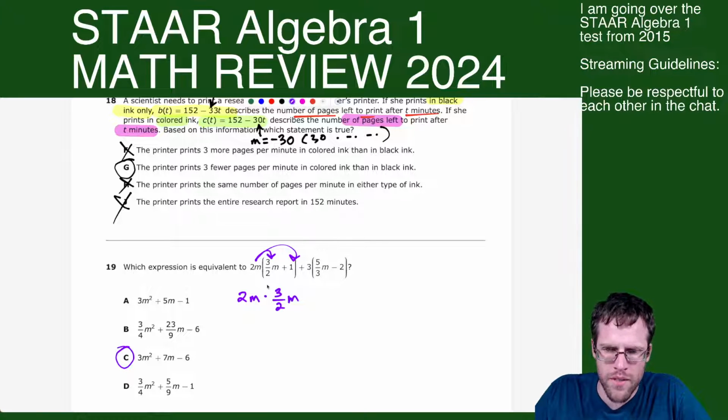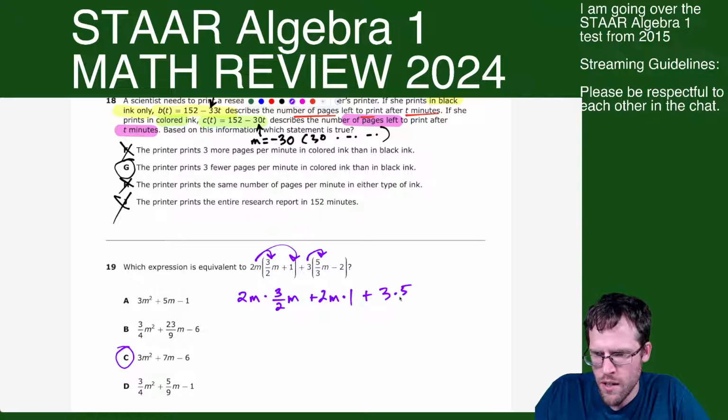So I'm doing 2m times the first term plus 2m times 1. And then I have plus, I'm going to distribute the 3 now. I have 3 times 5/3 m. And then I have 3 times negative 2 is minus 6. So let's see. 2 over 2 cancels. I have 3 times m is 3m squared.